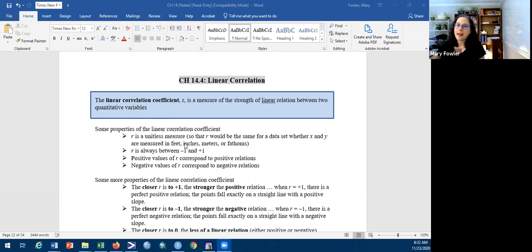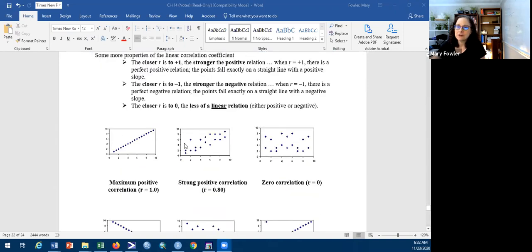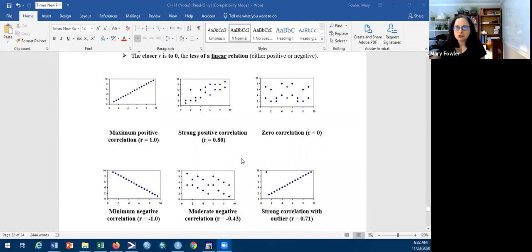So I am actually going to jump down here to the examples and look at what R is. I know you're probably wondering, we just talked about the coefficient of determination R squared. Why are we talking about R?